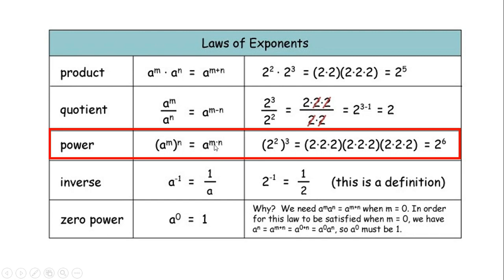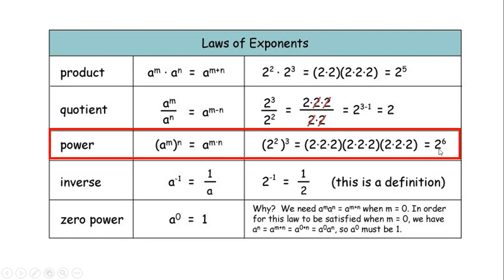To make this clearer, here's an example. 2 to the power of 2, raised to the power of 3, equals this. If you write it out in longhand, this is what it looks like. But it's actually equal to 2 to the power of 6.